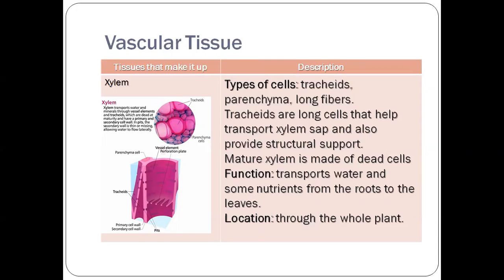Esta va a ser la función del xilema. Tipos de células que tiene: tracheids, parenchyma, long fibers. Tracheids are long cells that help transport xylem sap and also provide structural support.